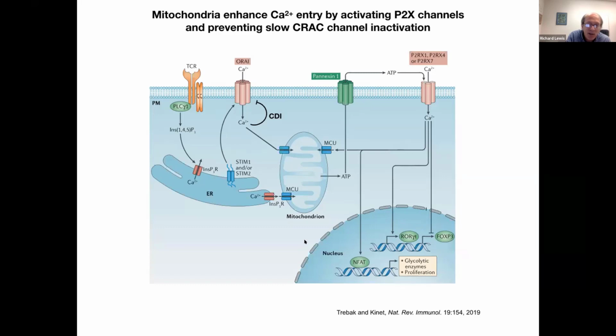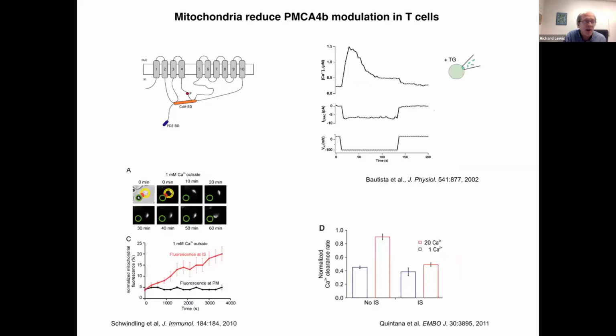And finally, the mitochondria can also enhance calcium signals by reducing efflux through the plasma membrane pump. Specifically, by taking up calcium, they reduce modulation of the primary pump PMCA4B. Now, it's known that PMCA4B in resting cells is largely autoinhibited, but that this inhibition is removed over seconds following a calcium rise by the calmodulin-mediated displacement of this autoinhibitory domain.